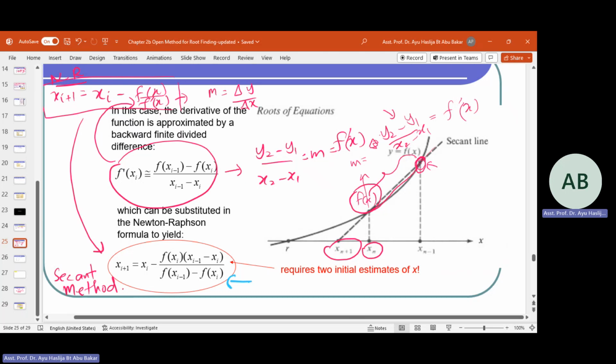So for the second method, you will need two starting points, two initial values, xi minus 1 and xi.